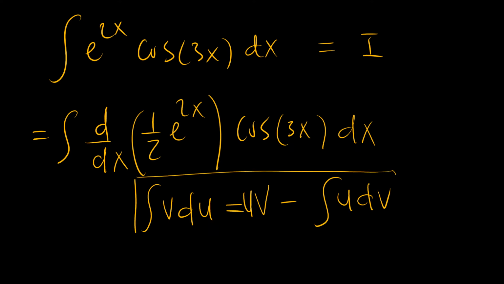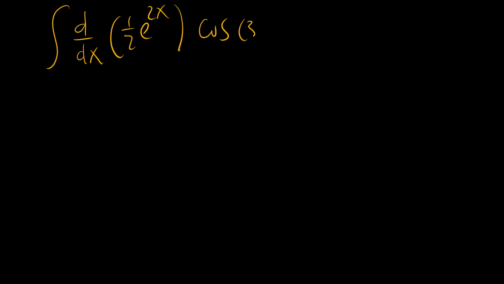So this is an important integration by parts formula that we'll go ahead and use. Since our problem is now the derivative of a half e to 2x cosine 3x, right? And this being u, this being v.